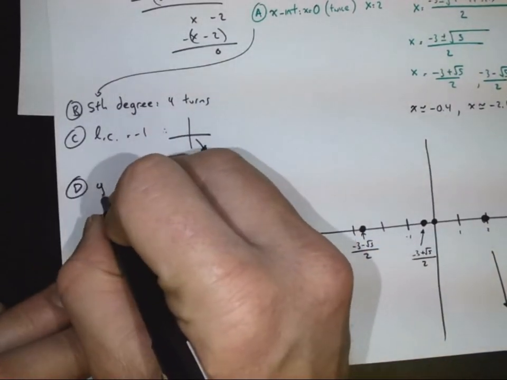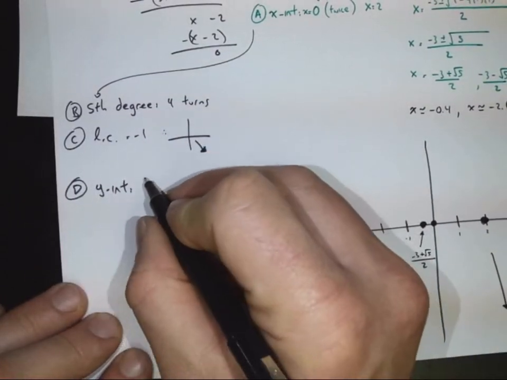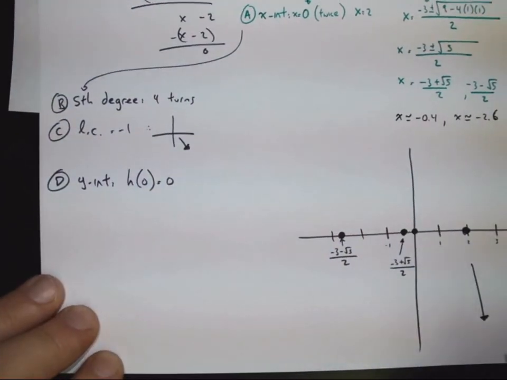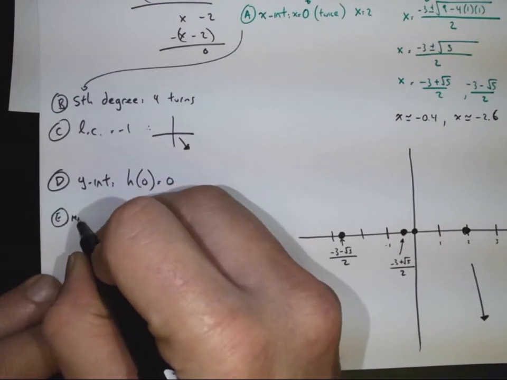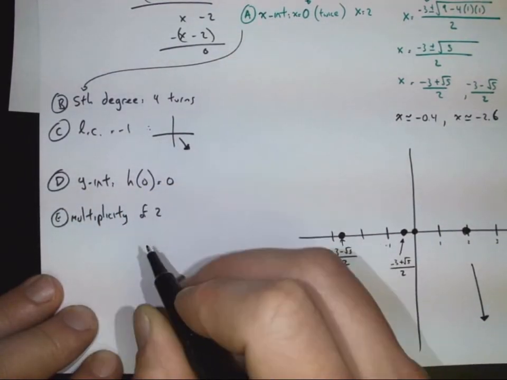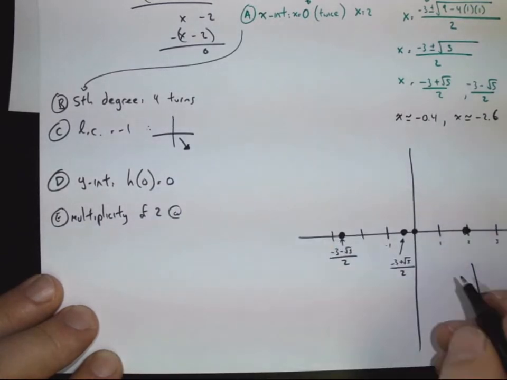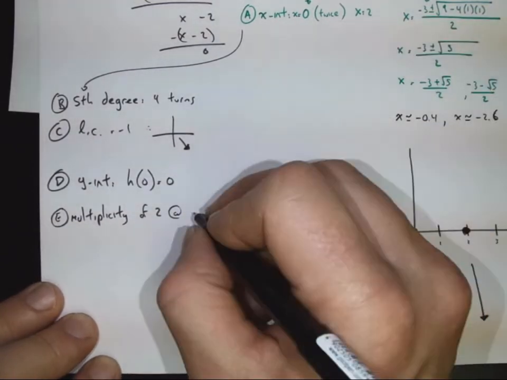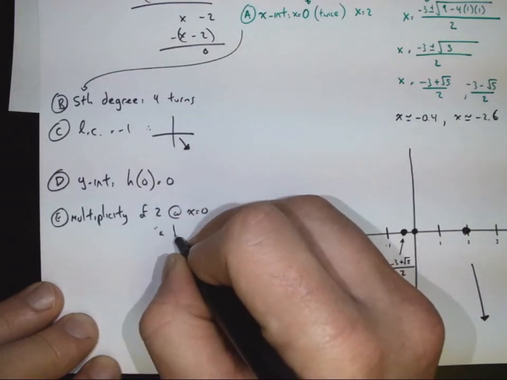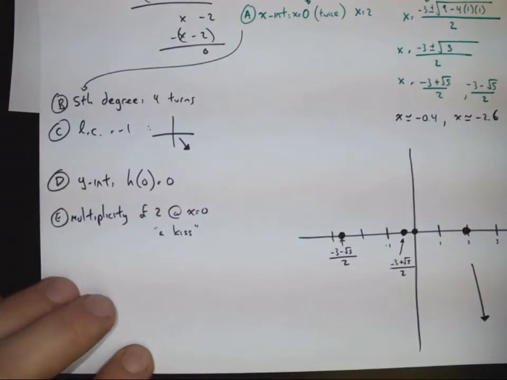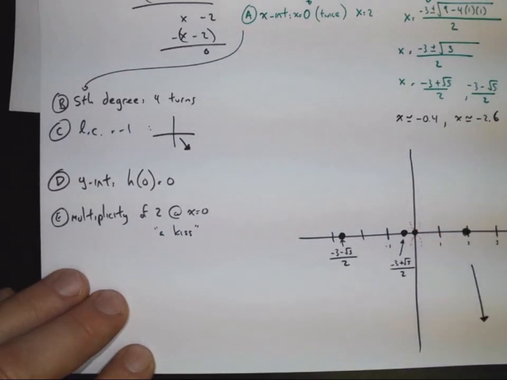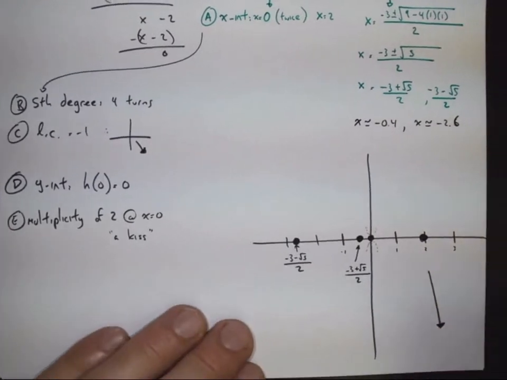The y-intercept, well, h of 0 is going to give us 0. We already sketched it. That's our y-intercept. And there is multiplicity of 2 at x equals 0. So there will be a kiss. And we're not sure if that kiss is going to go up like that or go down like that. Okay. So now's the time to connect the dots.